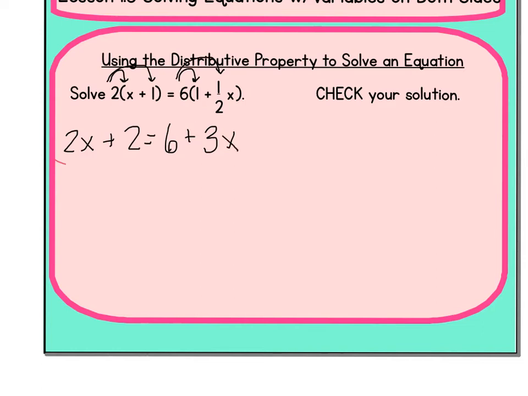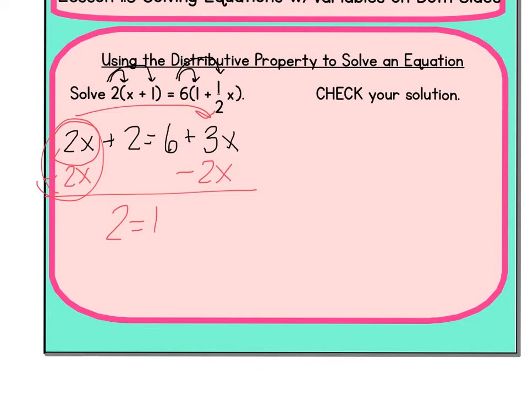I'm going to start by taking these 2 x's over to the other side. So we get 2 equals 6, and then 3x minus 2x gives us 1x, so plus x. Now to undo this plus 6, we've got to subtract 6 from both sides. 2 minus 6 gives us negative 4.